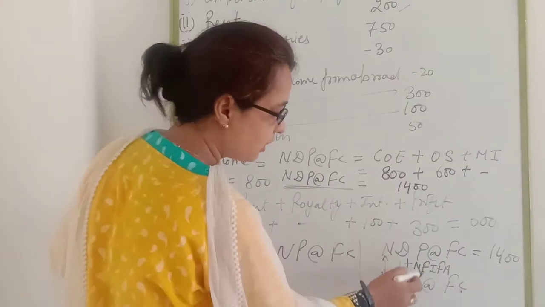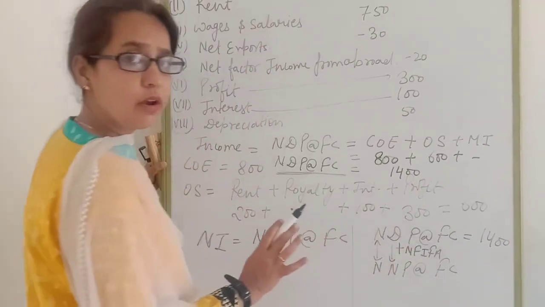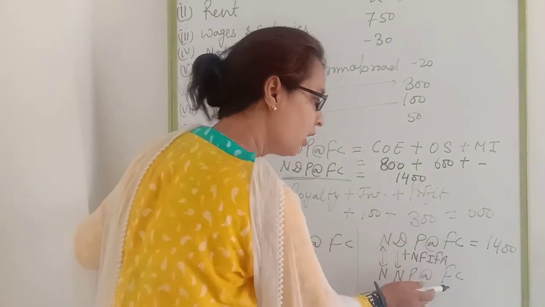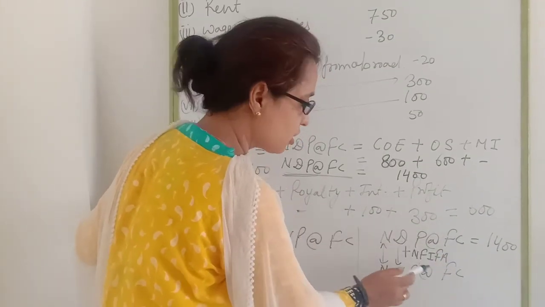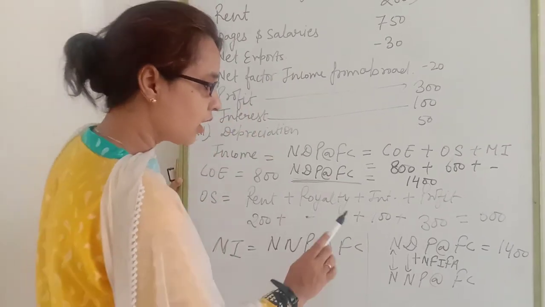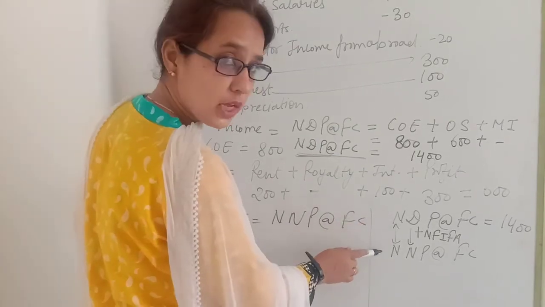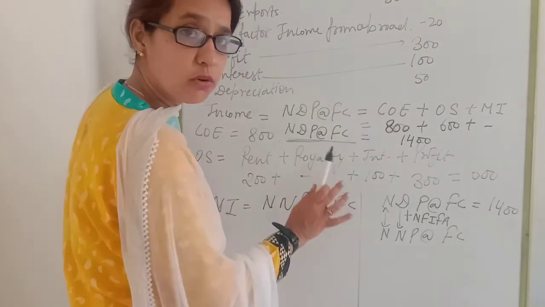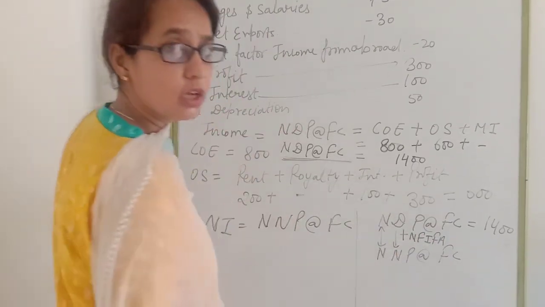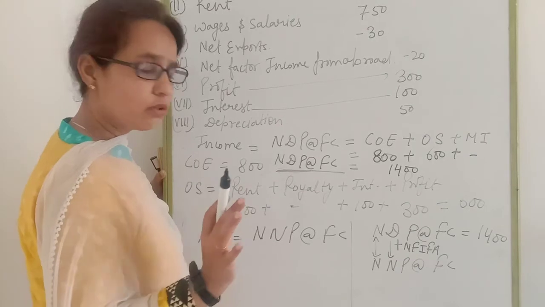P to P, we are not supposed to do anything. FC to FC, we are not supposed to do anything. If it is a different term, then we change it. But it is the same term, that's why we are not going to convert anything. Net to net is the same term, because of this we are not going to add or subtract depreciation. FC to FC is also the same term, so we are not going to change it.